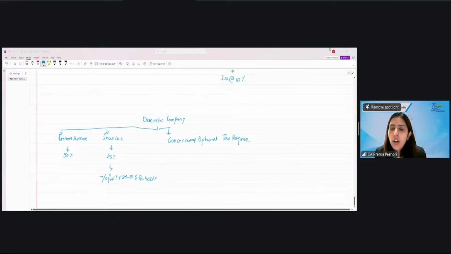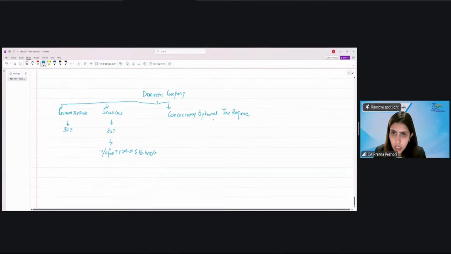So what are the optional tax regimes? One is 22%, subject to fulfillment of certain conditions, that it should not be claiming certain exemptions or deductions.